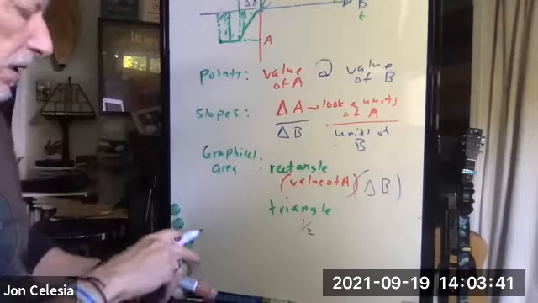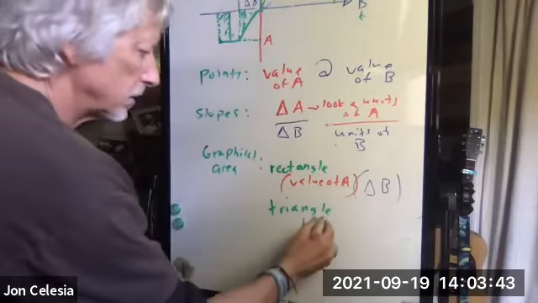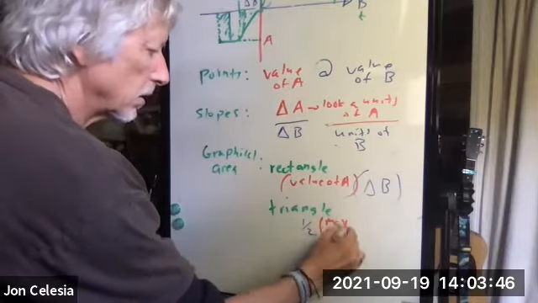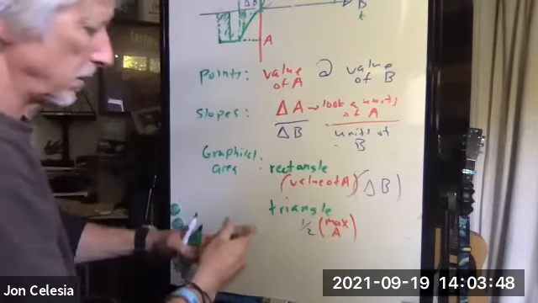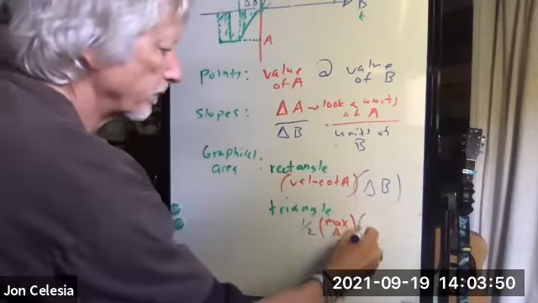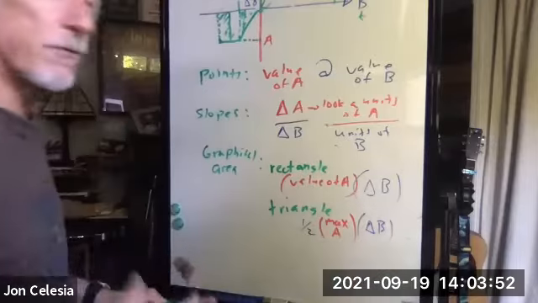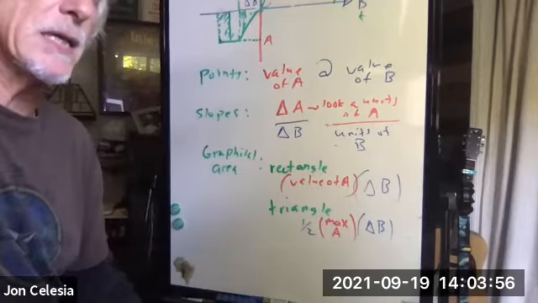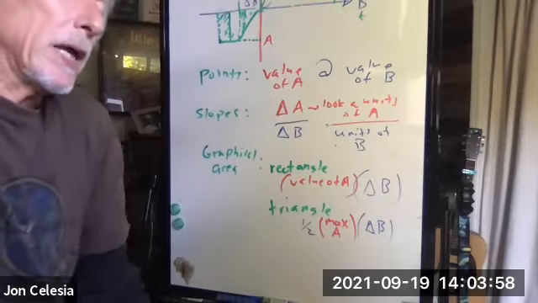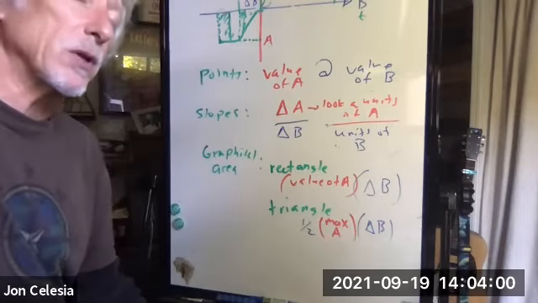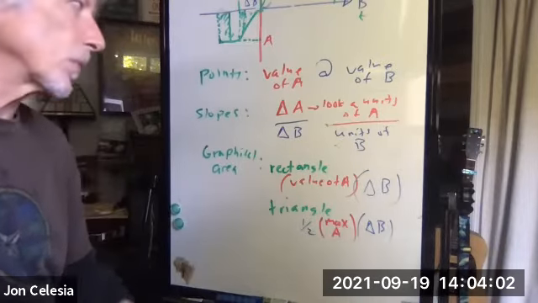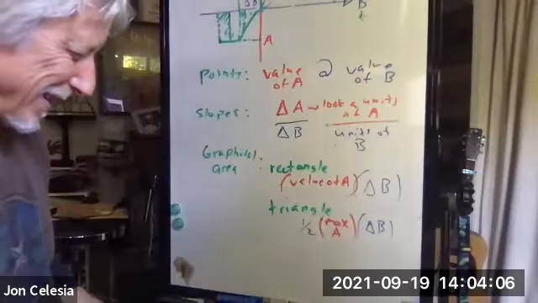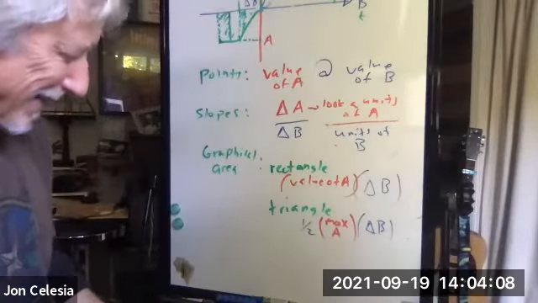So it gets a little wordy: half the max of A times that change in B. And that's fine for everything that we're doing. Once you get the idea and the meaning, it really would be good to have that before you do calculus.